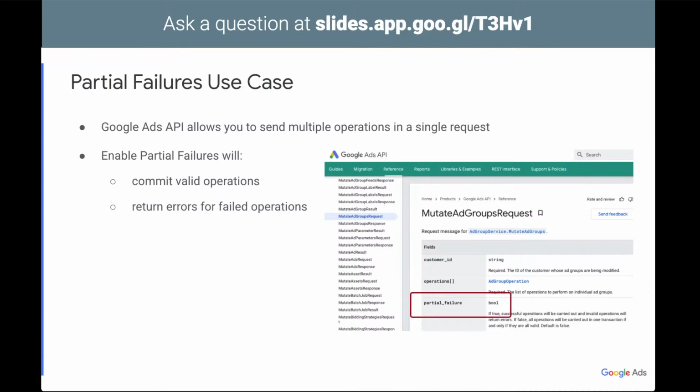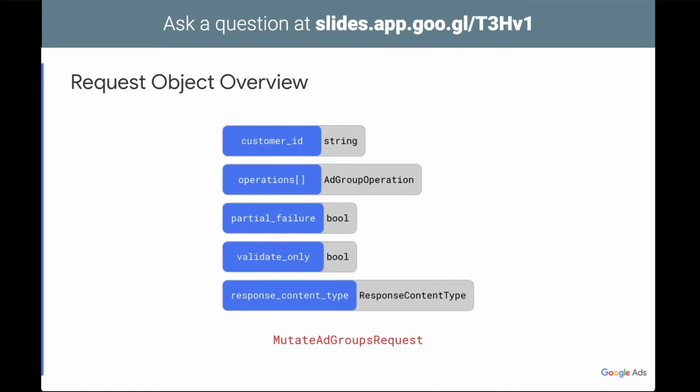It might be helpful to take a look at the structure of a request object. We'll use the mutate ad groups request, just as we did in the previous code example. In this case, the request expects two required fields, customer ID and operations, and it has three optional fields, partial failure, validate only, and response content type.